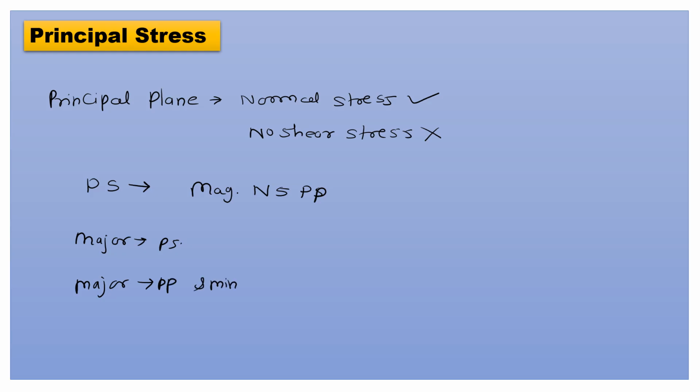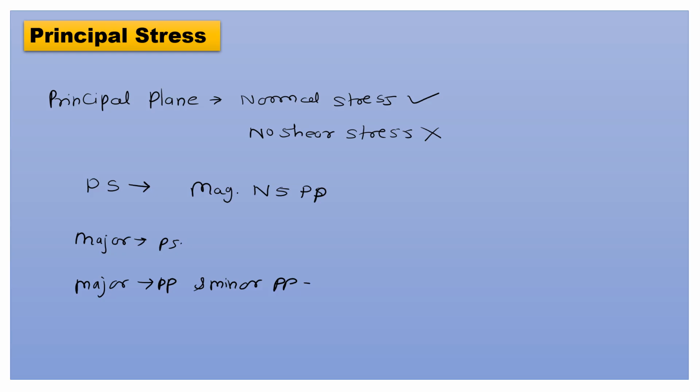Principal stress is the magnitude of normal stress acting on the principal plane. Principal plane is that plane which carries only normal stress, but doesn't carry shear stress. Then major and minor principal stress: the maximum and minimum values of normal stress are nothing but the major and minor principal stress.